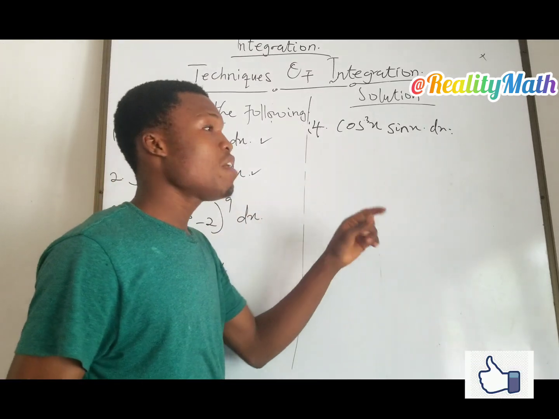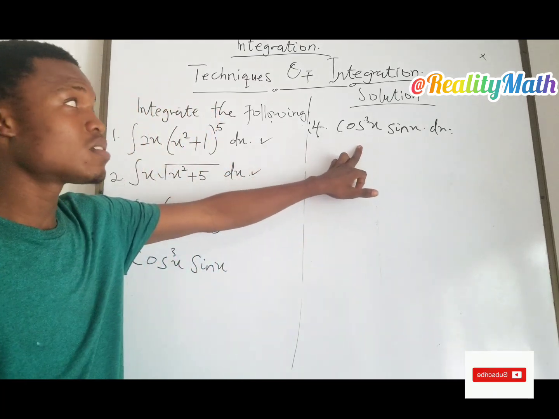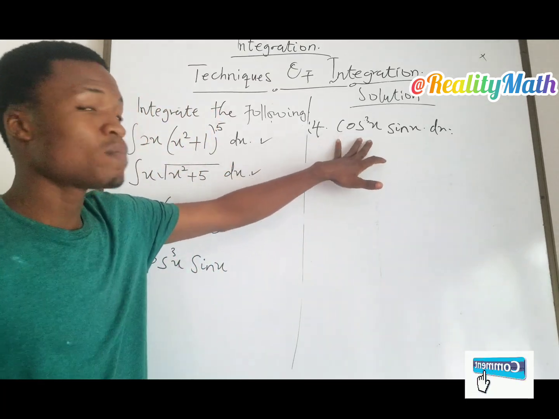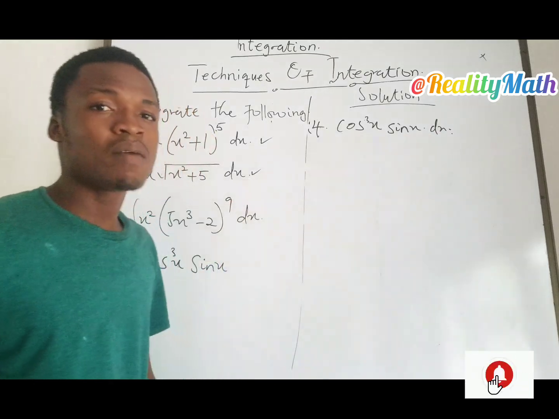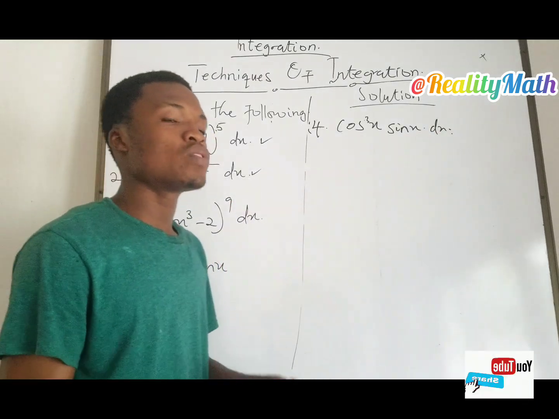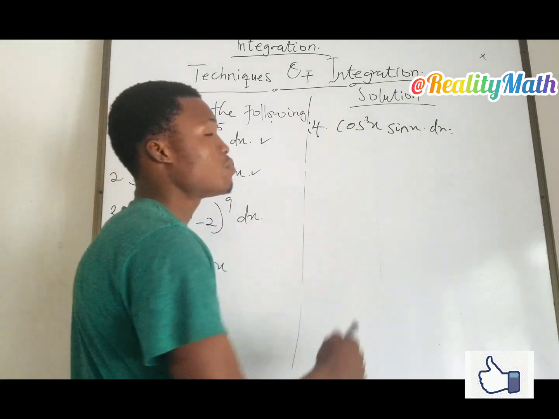If I can get my dx such that this cos x can be cancelled, or if I pick this as my u, such that if I rearrange to get my dx, this sine x can be cancelled, then we are making it more simple. As a whole, that is the idea behind the substitution method.